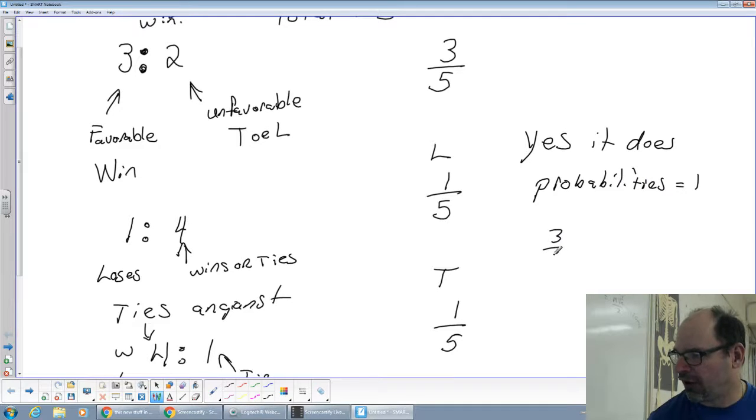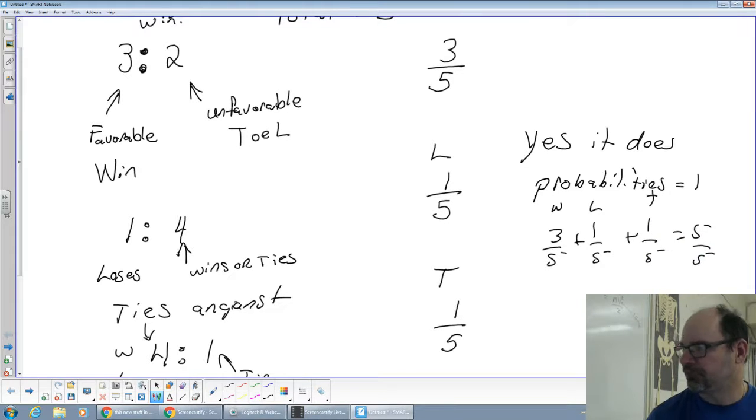So 3 over 5 for wins, plus 1 over 5 for losses, plus 1 over 5 for ties gives you 5 over 5, which is 1. Okay, so that one does make sense.